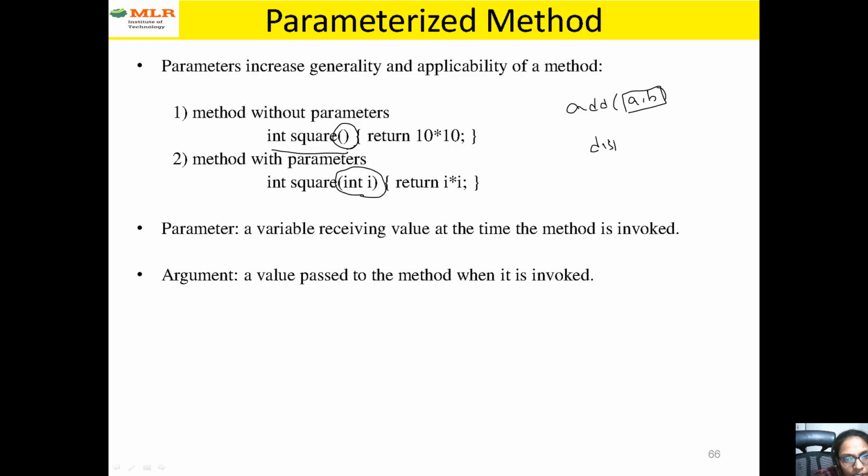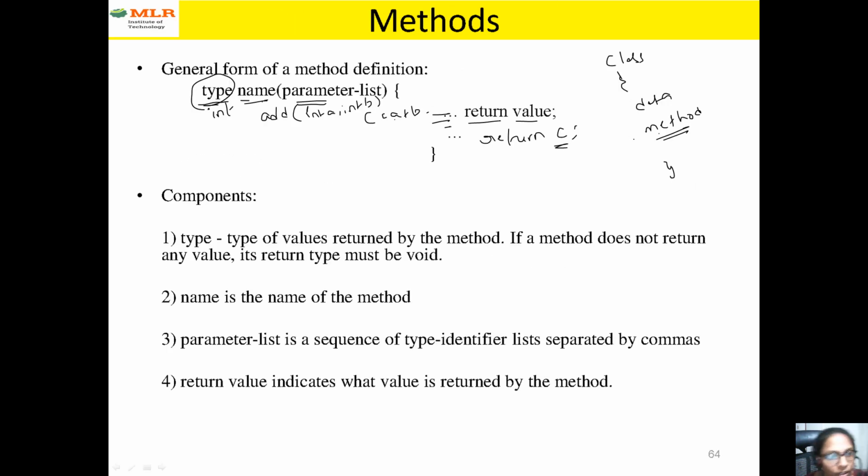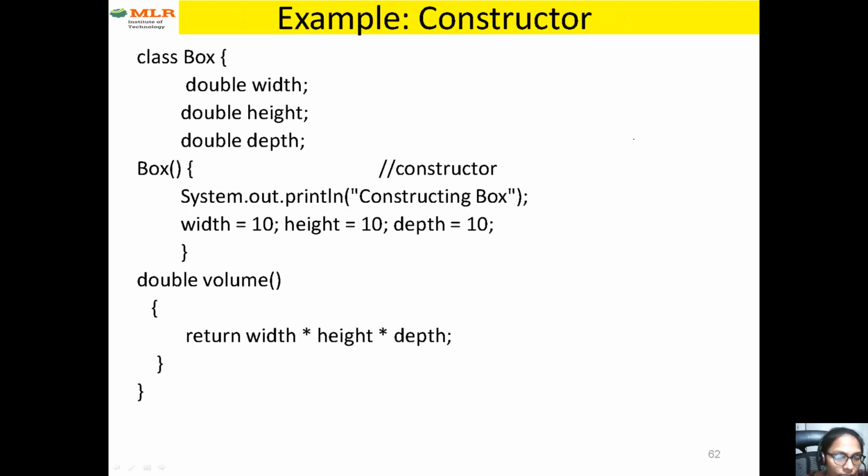If I just want to display some message, then I don't need to pass anything, so empty parentheses, that is, no parameters. Based on the requirement, we use a method without parameters or a method with parameters. And the purpose of the method may be anything. It may be an assignment or it may be for calculating something.